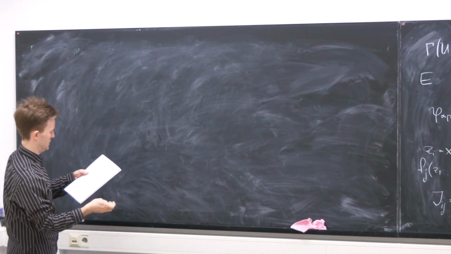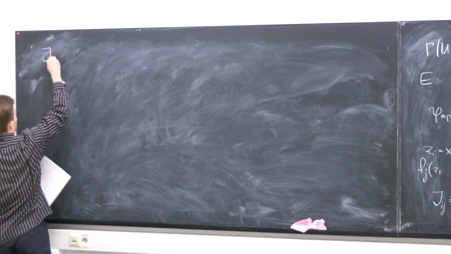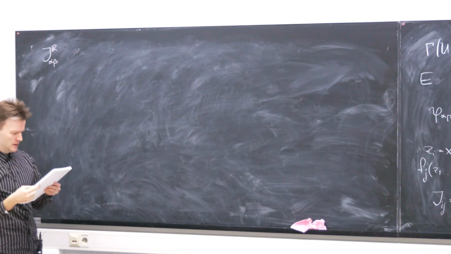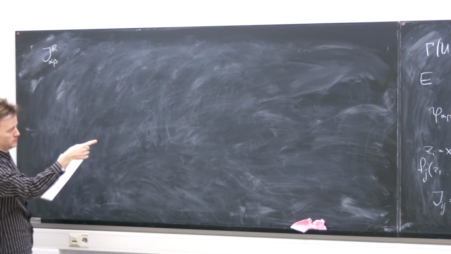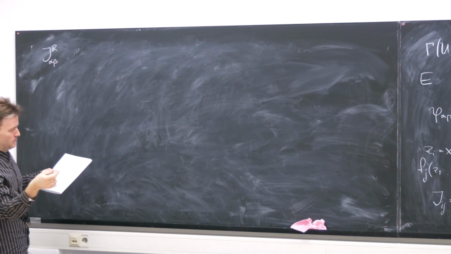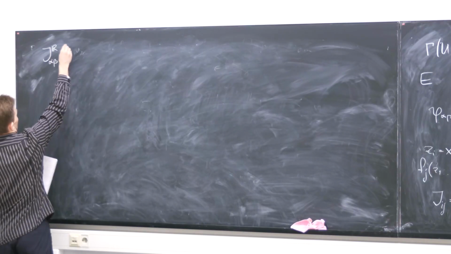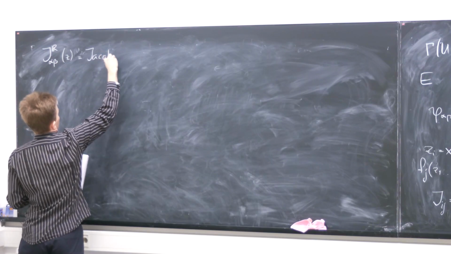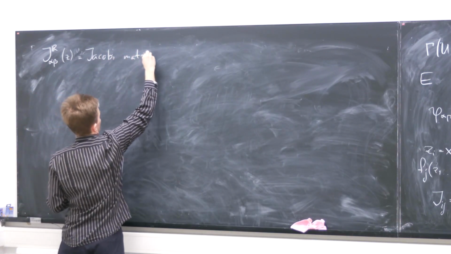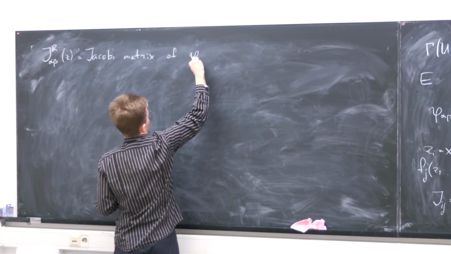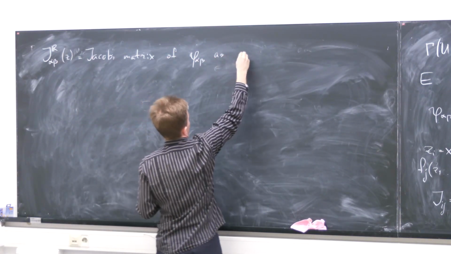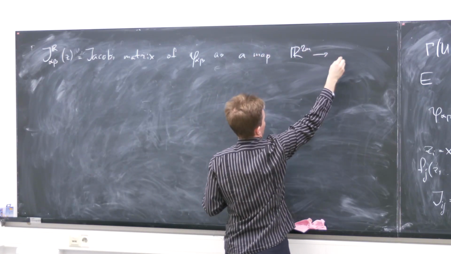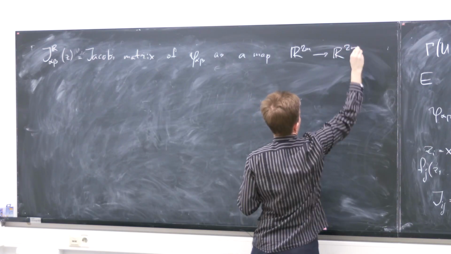Let's call this Jacobian matrix J_alpha_beta, and I put R here to emphasize that this is the Jacobian of this mapping as a map from R^2m to R^2m. So the Jacobi matrix of phi_alpha_beta is a map from R^2m into itself.